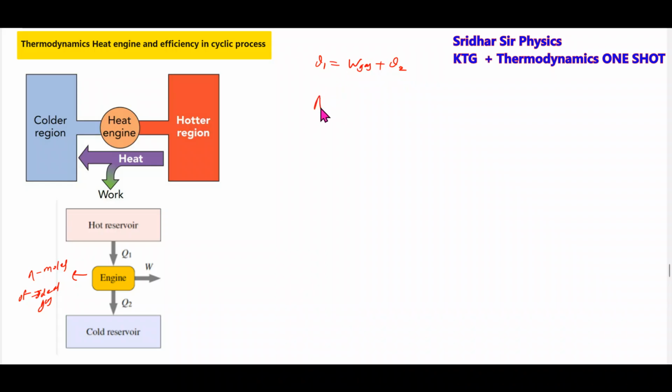Then how do we define efficiency? Efficiency is defined as output, the mechanical work done by the gas, divided by net heat absorbed.